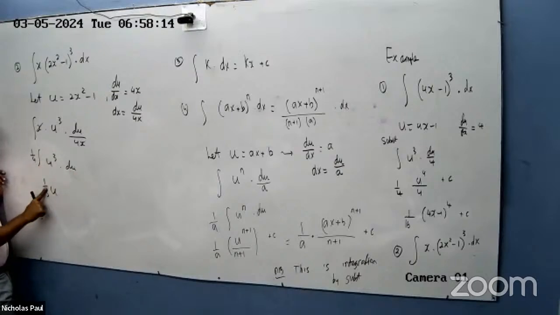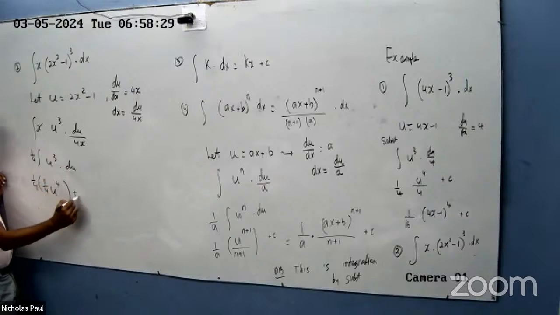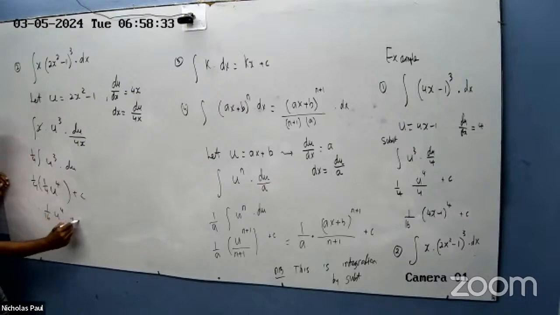You will get 1/4 by 1/3 u. Sorry, I'll leave the quarter on the outside. So it's 1 on 4, 4 plus c. So this is 1 on 16, u to the 4 plus c.